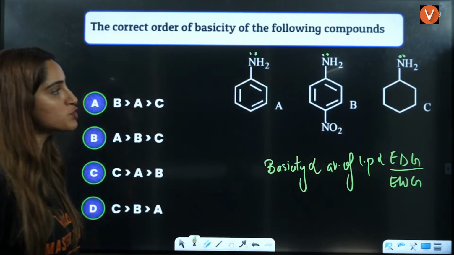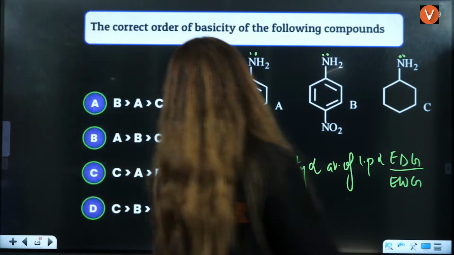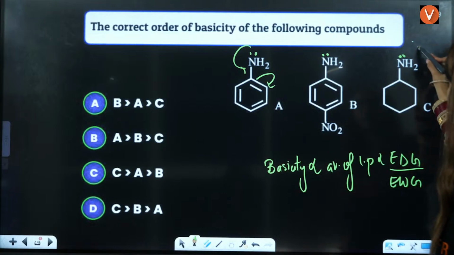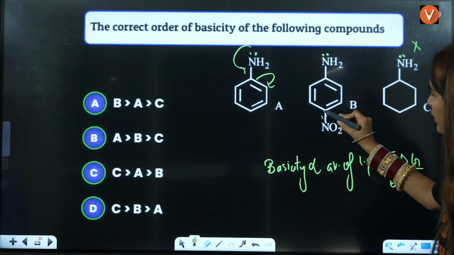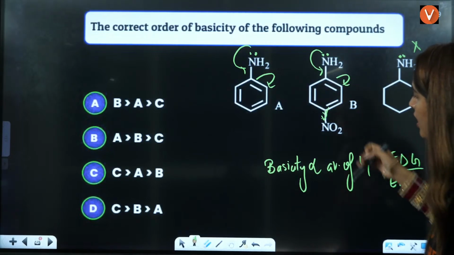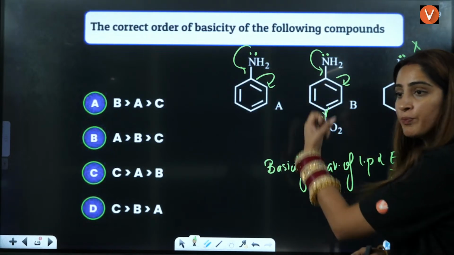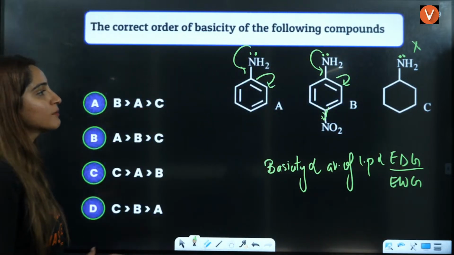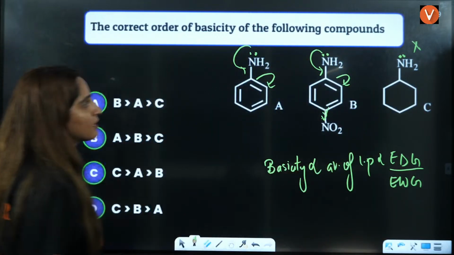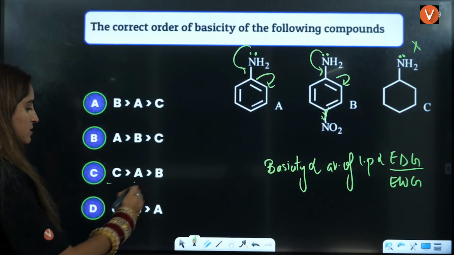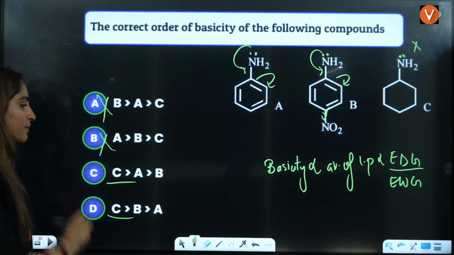Now if you see this here, it is donating the electrons, it is giving the electrons also, and some electron withdrawing group is also attached here. So you can see this will have maximum availability, so maximum basicity. So C is going to have maximum basicity, so this is eliminated, this is eliminated.